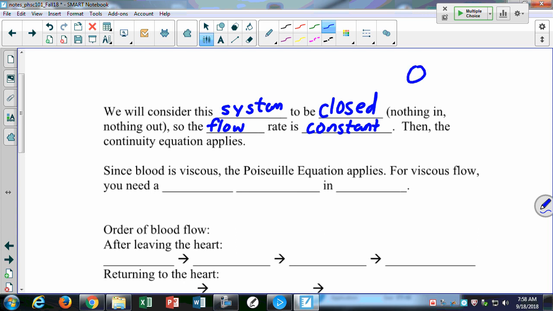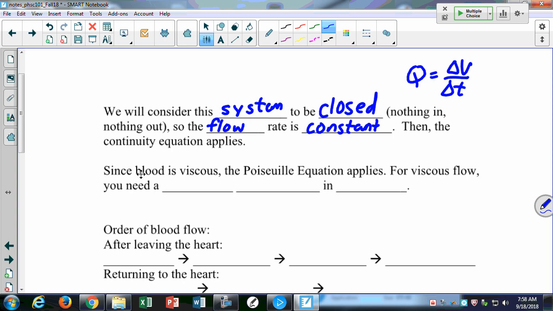Remember the flow rate, that was Q equal to delta V over delta T. That's our volume flow rate. That's how we describe the flow of fluids. And if you have a system that has nothing coming in and nothing going out, then this remains constant.